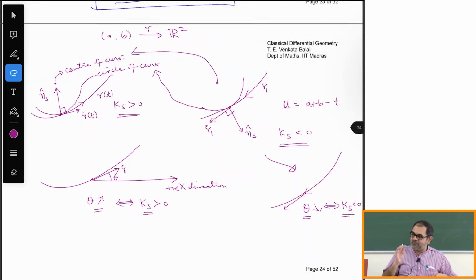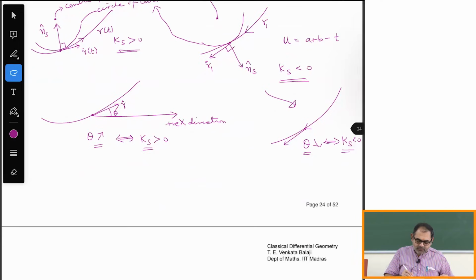If you look at it more seriously, this is also evident in the following way. This is the idea of what is called a Gauss map. Suppose I draw a curve. Here it suggests that d theta by d s is equal to k_s.